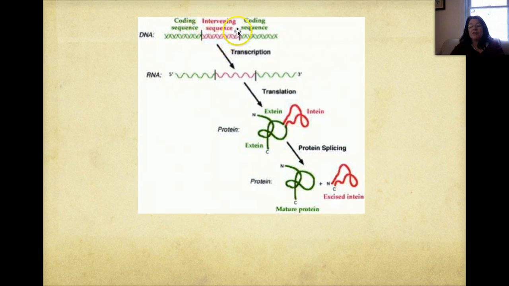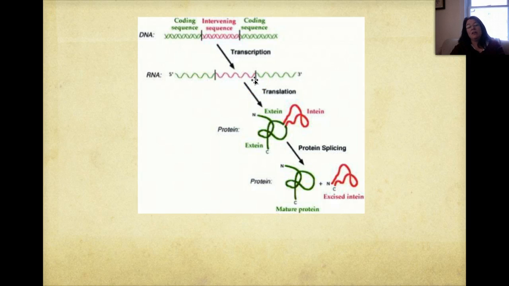We've got an intervening sequence, or an intron, and then we've got a coding sequence on the end, another exon. And remember, the RNA that gets made from that DNA is going to have all those components in it. And this intervening sequence, this intron, can be removed here when the RNA is processed.